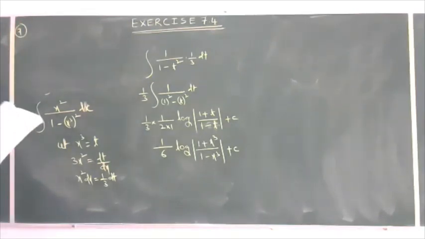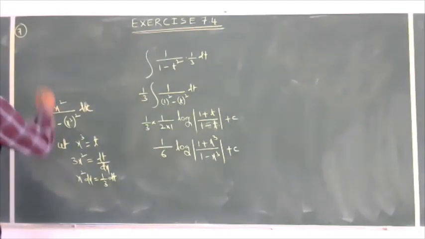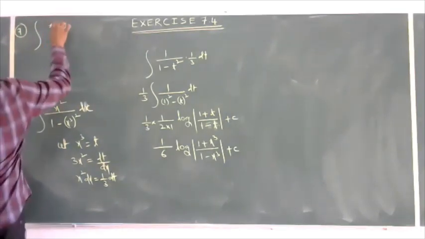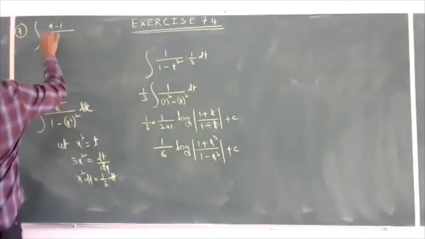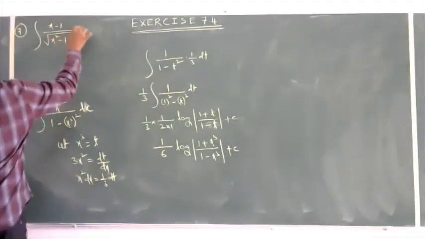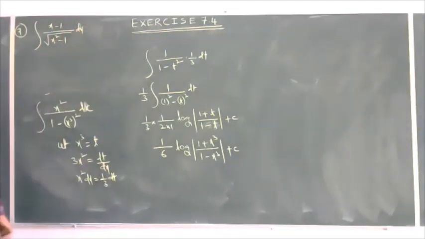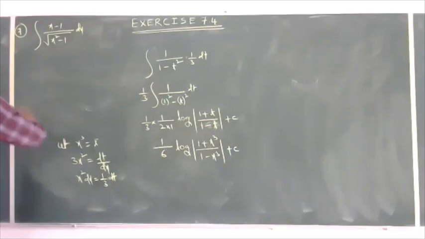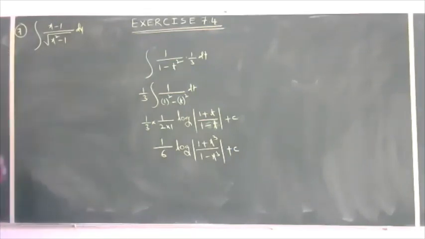Seventh problem. Integral x minus 1 by root of x square minus 1 dx. Solution.